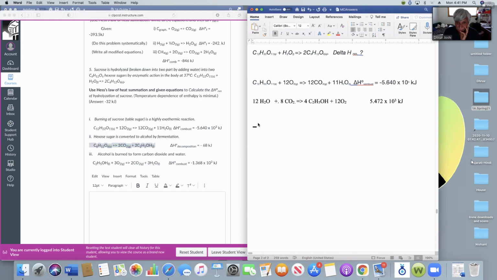I'm going to copy the equation, flip it, and then multiply by 2. So it's going to be multiply by 2, 2 in the parentheses, everything else. I have negative 68 kilojoules for this delta H. So here, because I flipped it, I'm going to convert this into positive 68.